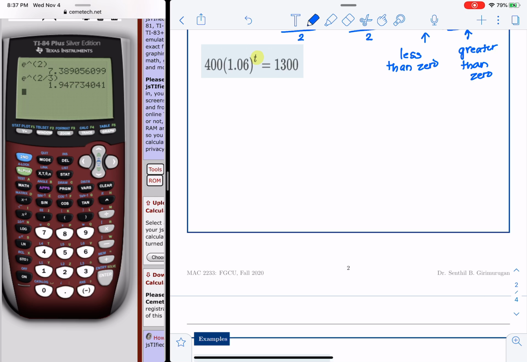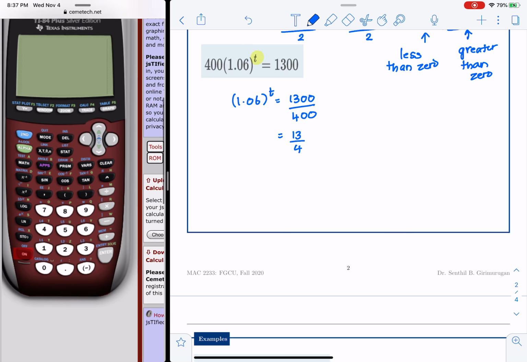We have to take the natural logarithm on both sides. Before we do that, we can divide by 400 on both sides. So 1.06 raised to t is equal to 1300 divided by 400, which is 13 over 4.